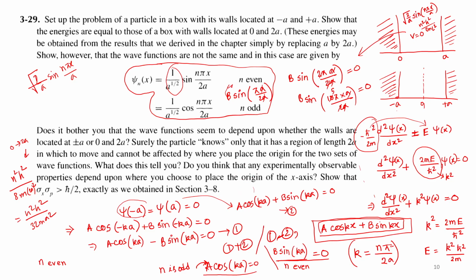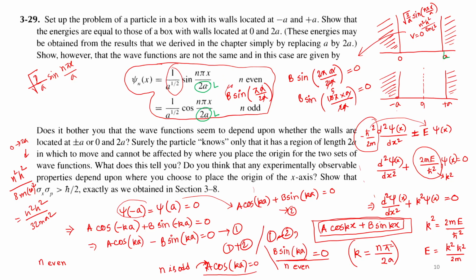Now let me take some different color. See, this is actually your L now, right? If it is 0 to L, then suppose your minus a to a is actually 2a. The length of the box is 2a. That is what I'm trying to say.